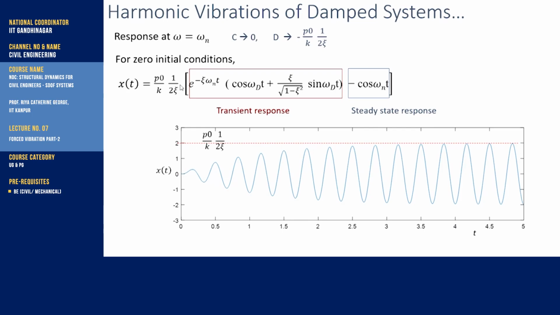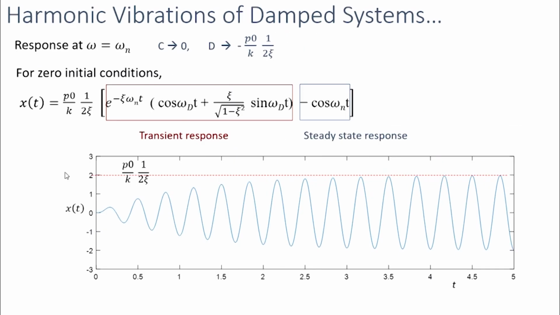So this is a constant and does not increase with time. So that means in the steady state response, we have a bounded response. The amplitude of the steady state response is equal to this value, and this does not change with time. This stays constant with time.